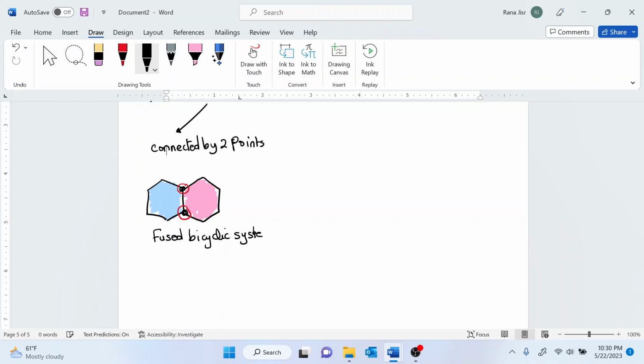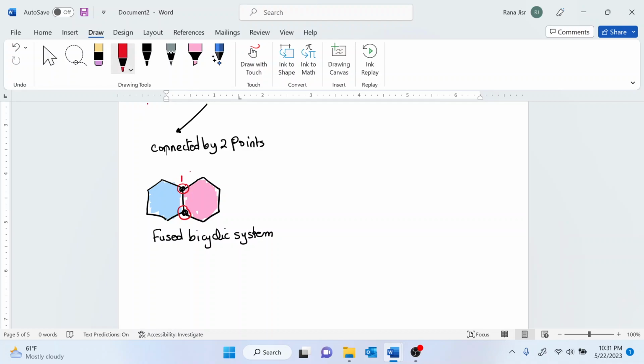And whenever we want to name this cycle, we're going to go ahead and number it first from the joint points. So you're going to start numbering either from this carbon or from this carbon, depending on the substituents. But let's say for this one, we have no substituents in here. We're going to start numbering it from this carbon.